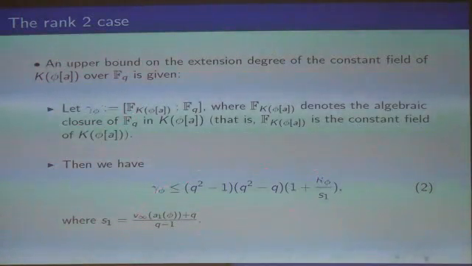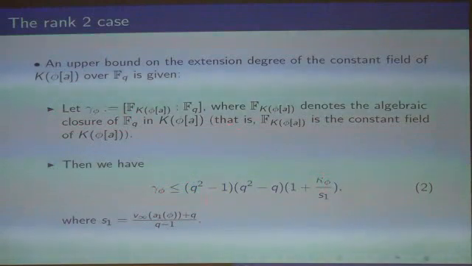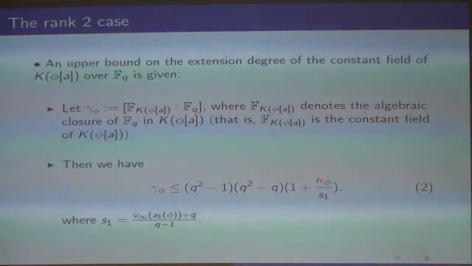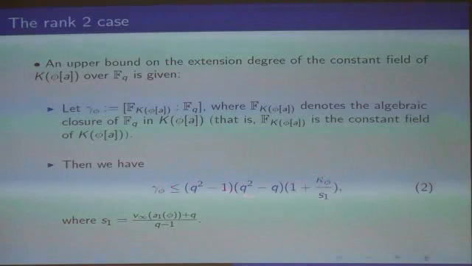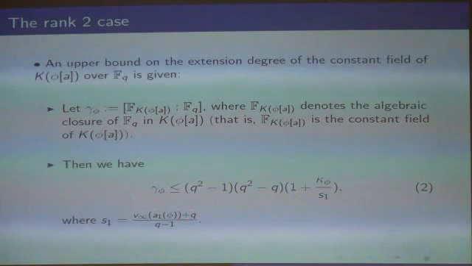But we got this explicit, it was possible to get this explicit bound. Kappa phi is also an explicit value, I showed it before. And S1 is given by the valuation at the coefficient.